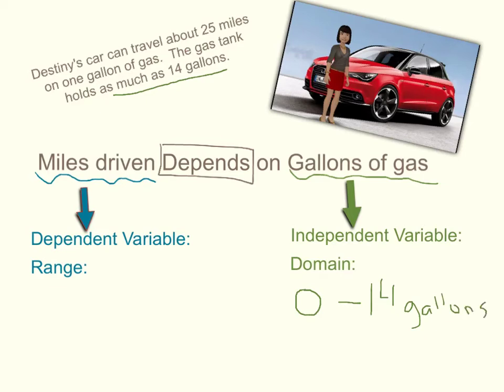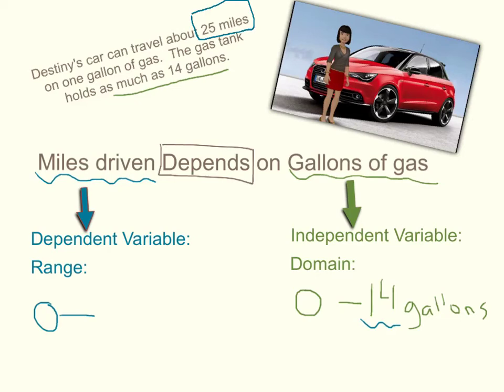So now for the range, we want to look at how many miles can she drive depending on how many gallons of gas she has. If there are 0 gallons of gas in her car, she can go 0 miles. But if she has a full 14 gallons and her car can go 25 miles per gallon, how many miles can she drive using 14 gallons of gas?